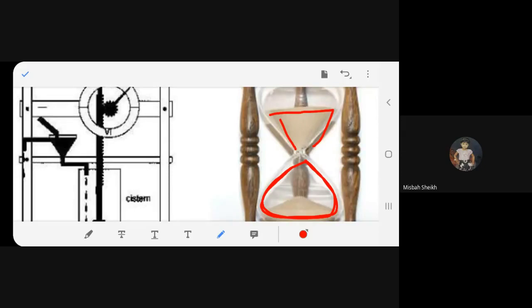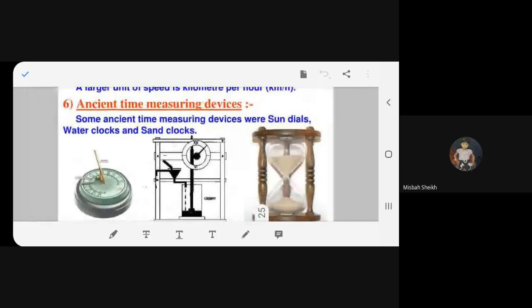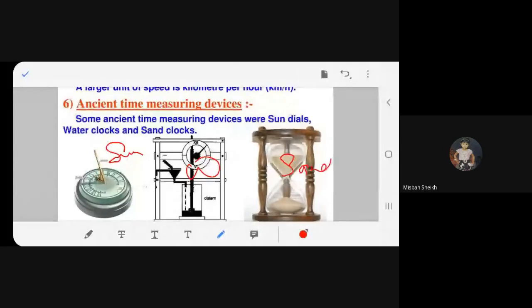So you can measure 1 hour by using sand clocks. So three: the first one is sundial, this is water clock, and this is sand clock. You understand?